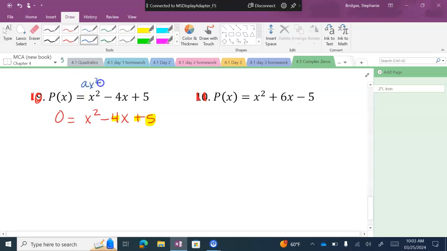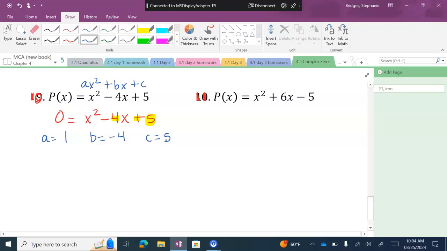Yeah, your polynomial is ax squared plus bx plus c. So what I like to do first, before I plug it into the quadratic formula, is write down what my a is, what b is, what c is. So based on this polynomial, what is a, the number in front of x squared? Okay. And b is the number in front of x, which is negative 4. And then c is the number by itself with no variable, which in this case is 5.